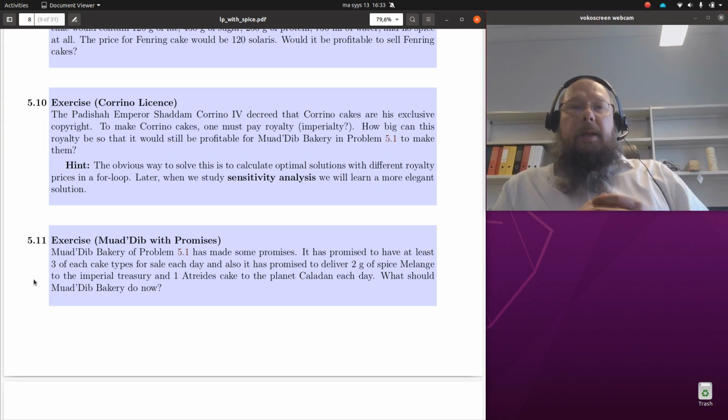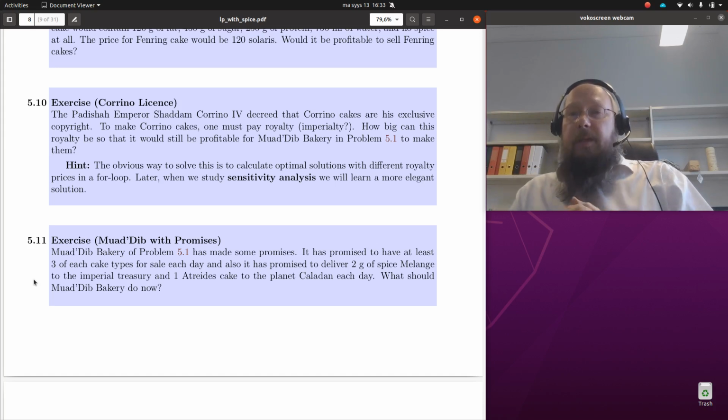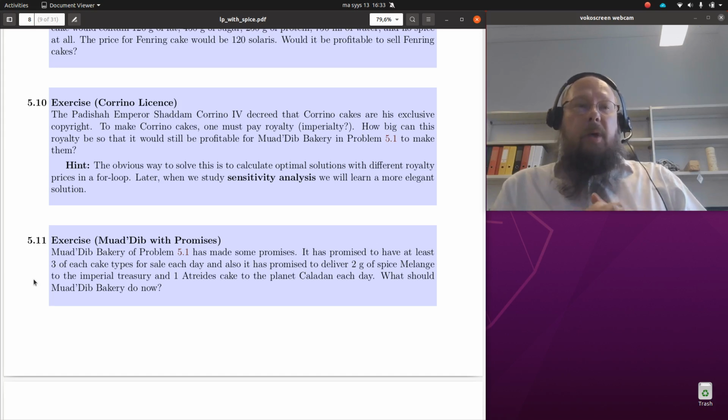And finally, exercise 5.11, Muad'Dib with promises. So again, we have this Muad'Dib's bakery problem 5.1, and we make some modifications of it. We assume that this bakery has made some promises.